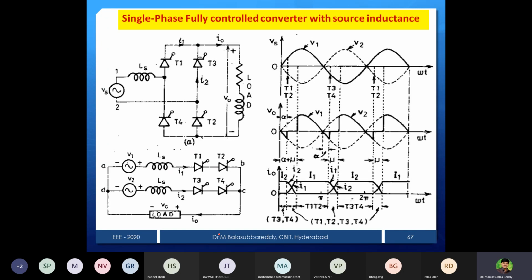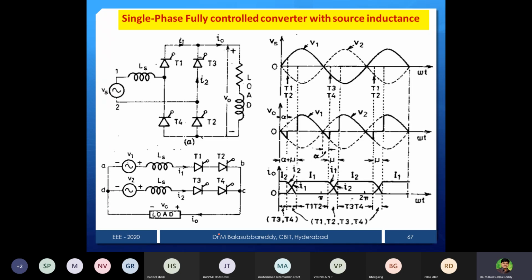Why is the voltage reduced when compared to only the RL load without considering source effect? Without considering source effect, incoming devices turn on immediately, and we ensure that outgoing devices also turn off at π plus alpha, 2π plus alpha, 3π plus alpha, and so on.